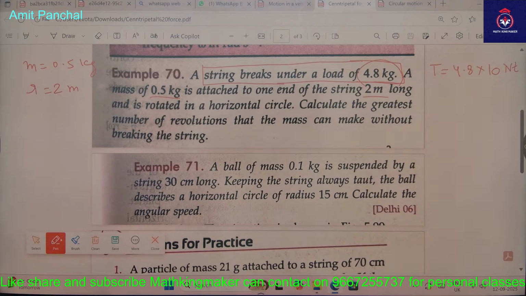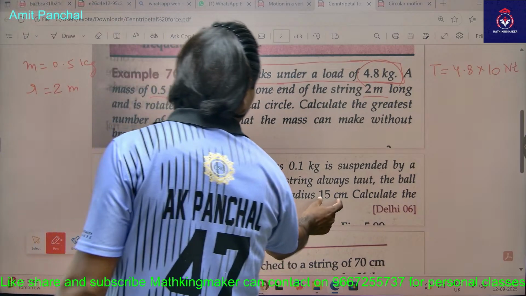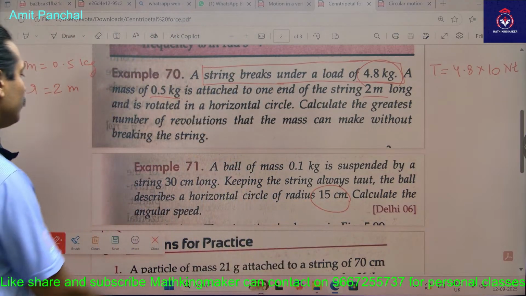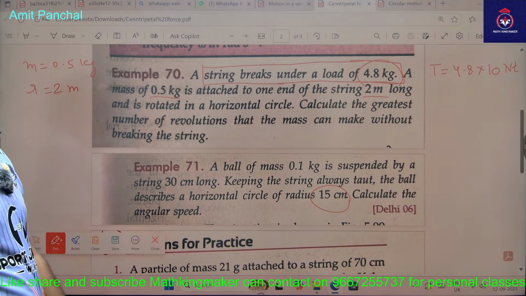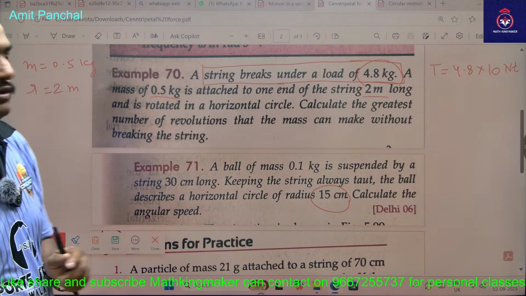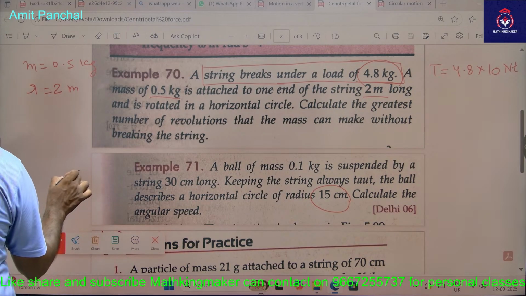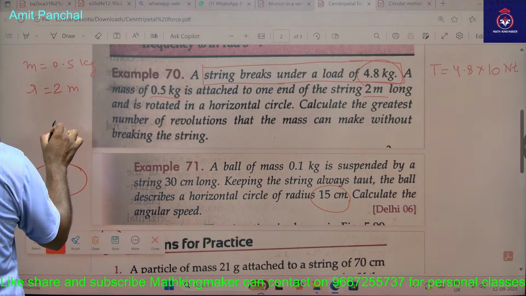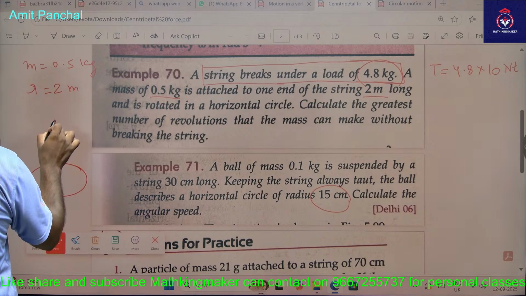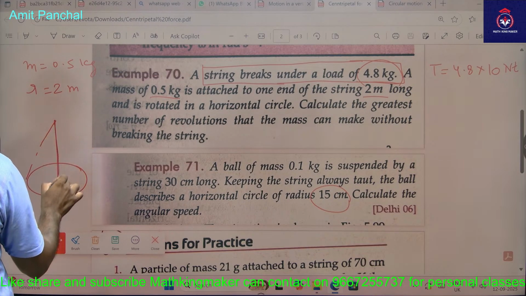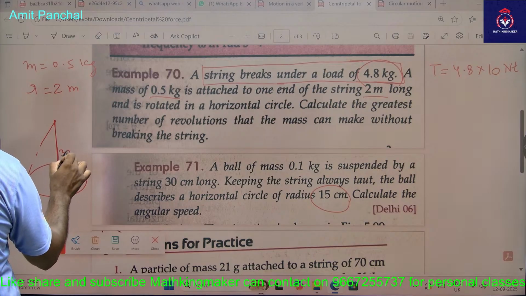That means the radius of the circle will be 15 centimeter in this case, but the length of the string will be 30 centimeter. That means it is not fully stretched horizontally. Your circle is looking like this, but your string is somewhere here. So this will be the length of the string, that will be 30.